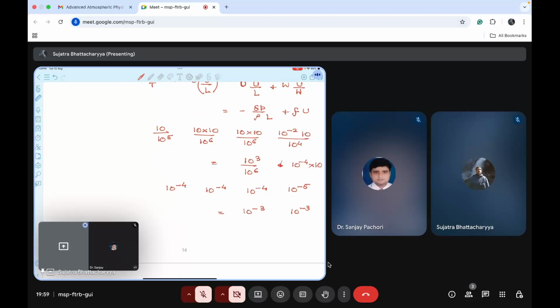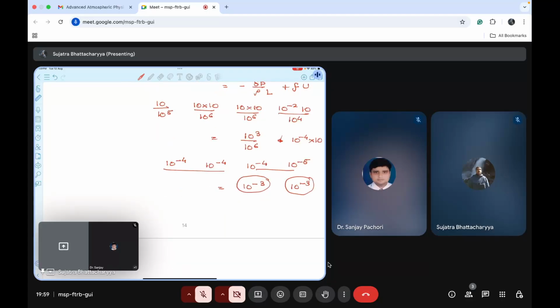So we see that on the right-hand side, these two terms are dominant. All other terms are one or two orders of magnitude smaller. So we can reduce the above equation to only this: minus 1 by rho delta p delta x plus f v equals 0.